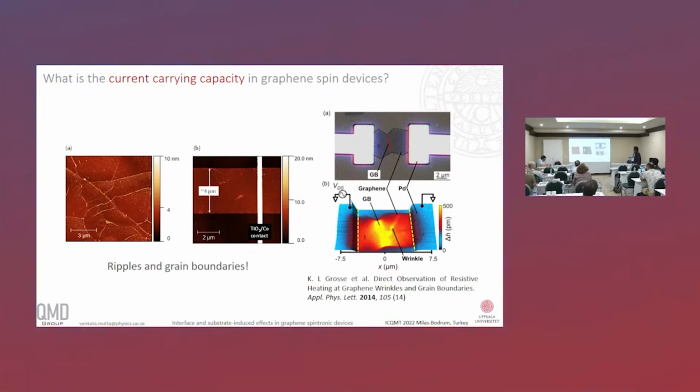And this is an AFM picture of a device. Within a scale of 3 micrometers, we can see a lot of mess here. That mess means ripples and grain boundaries, which act as hotspots. In this report, they have seen that performance is compromised because of these things. So this is a problem of practical relevance.